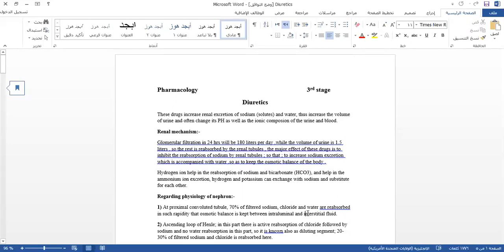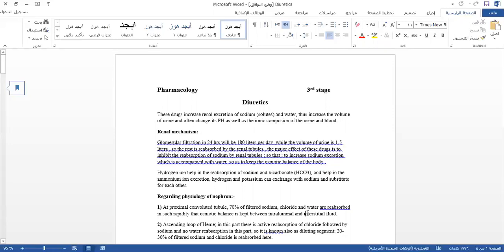A few points about the physiology of the renal mechanism. The GFR, or glomerular filtration in 24 hours, as you know, is 180 liters per day, while the volume of urine is 1.5 liters per day.